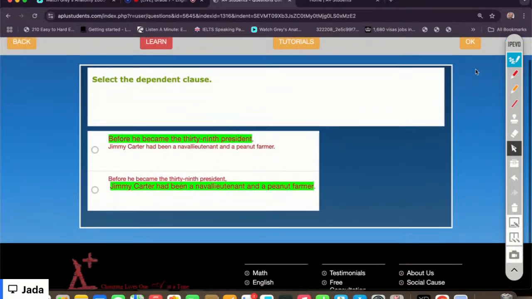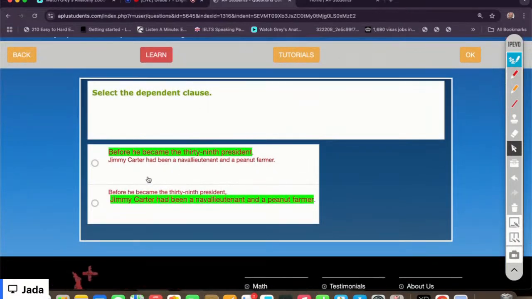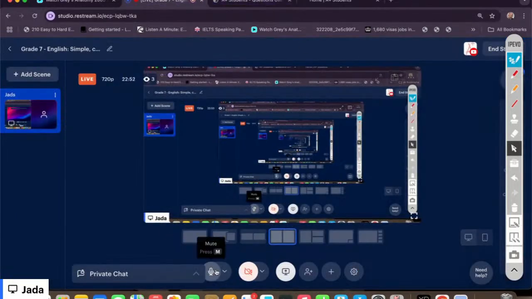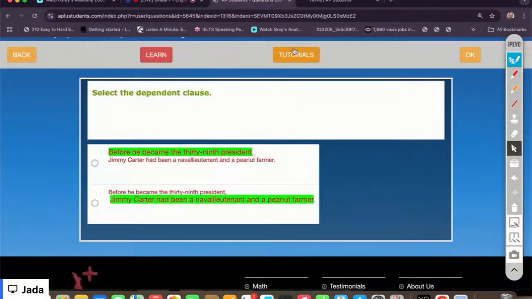So we also have select the dependent clause. Before he became the 39th president, Jimmy Carter had been a naval lieutenant and a peanut farmer.